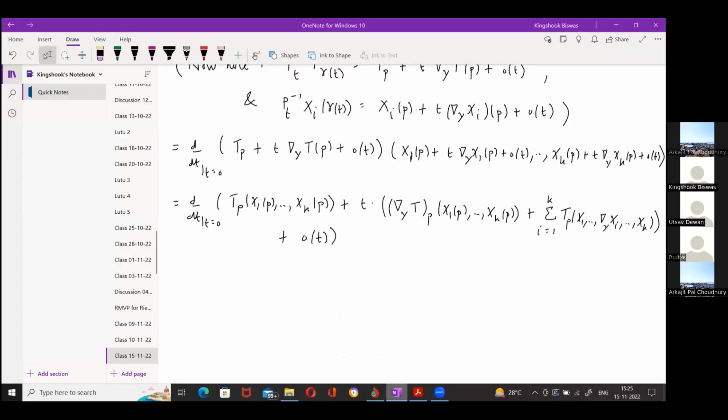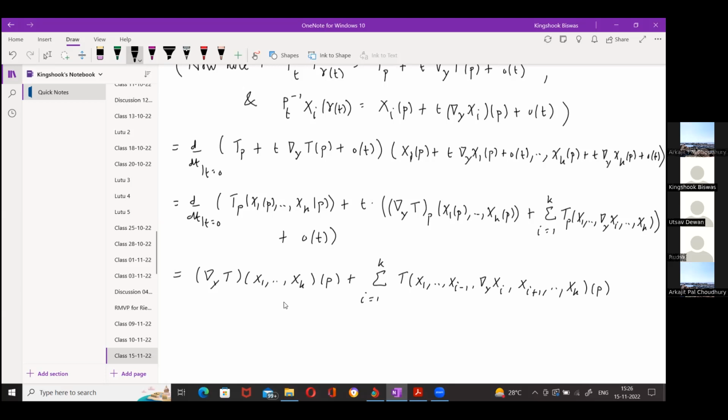Right. So just to finish this calculation, we get what we wanted, that this derivative becomes equal to the order t term, which is nabla_Y T at p acting on x1 to xk, plus the sum over i from 1 to k of T acting on x1, up to x_{i-1}, nabla_Y xi, x_{i+1}, up to xk, at p.